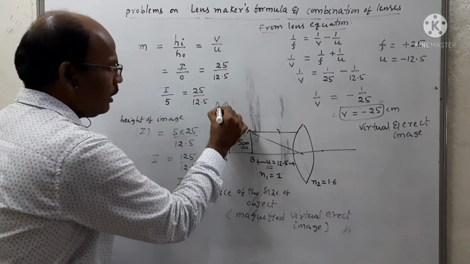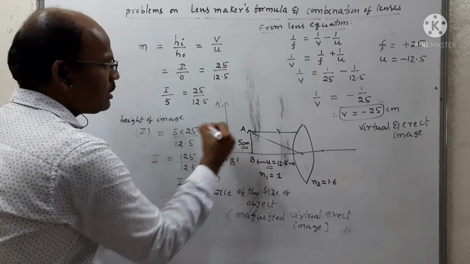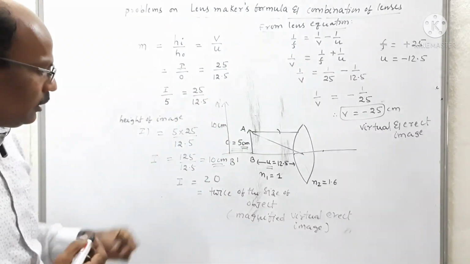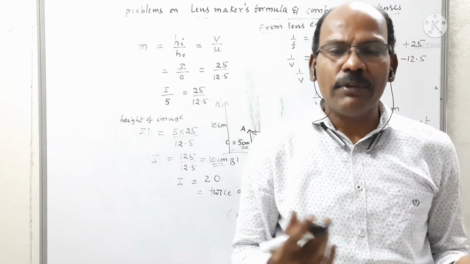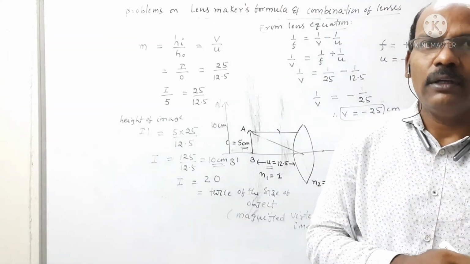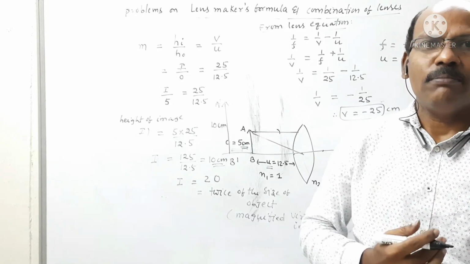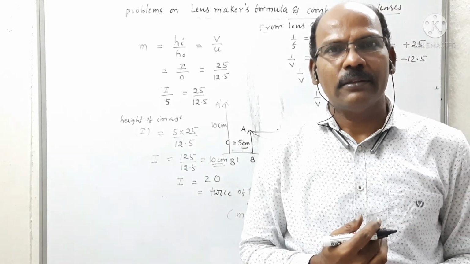The image is like this, A dash B dash, which is 10 centimeters. So this is the second problem, which is a combination of the lens equation, the lens maker's formula, and the magnifying power of a lens. Clear? Thank you.